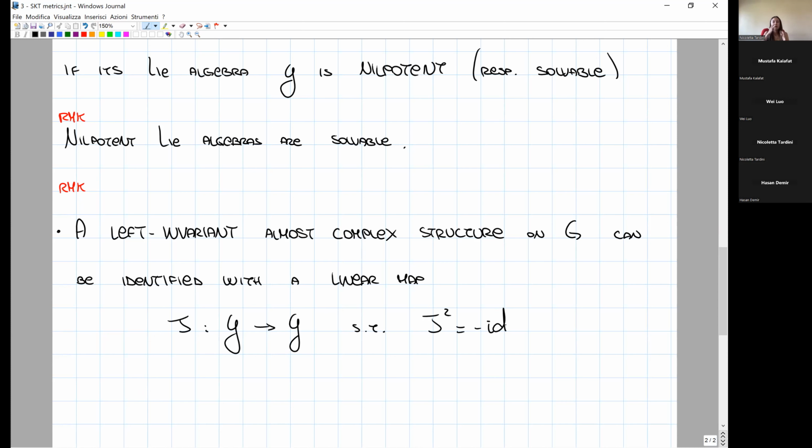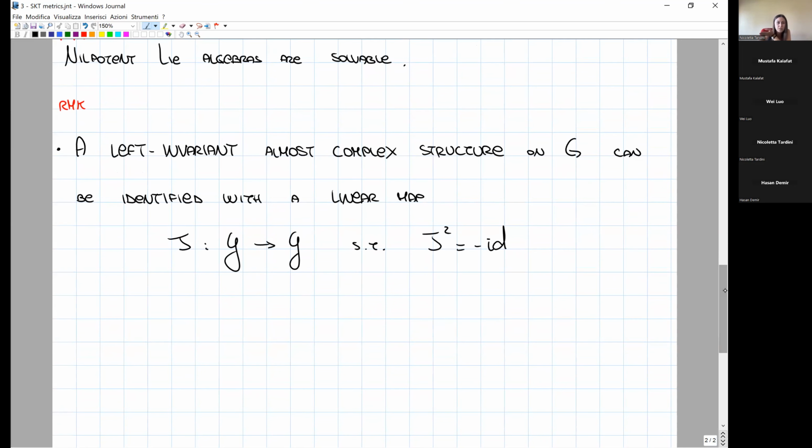Okay, so left invariant objects on the Lie group can be identified with objects at the level of the Lie algebra. Okay, so in particular, a left invariant almost complex structure on G can be identified with an almost complex structure on the Lie algebra.